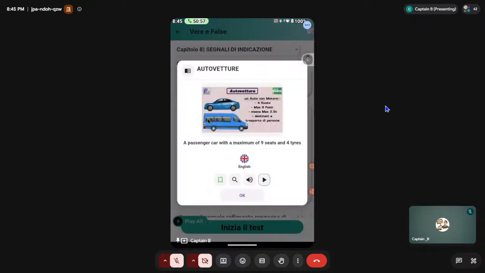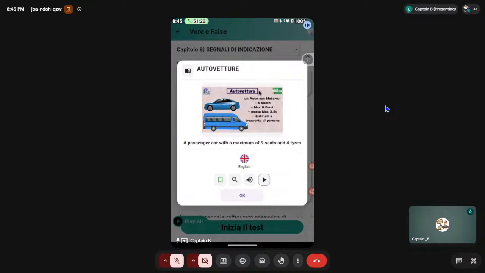Let me show you. You see, this is the car. The total weight is what? 3.5 tons. Autovettura. All right, and the maximum number of people you can carry is 9 people. This one is also known as autovettura. This is not a bus, it's a car, a family car. So they can carry up to 9 people.